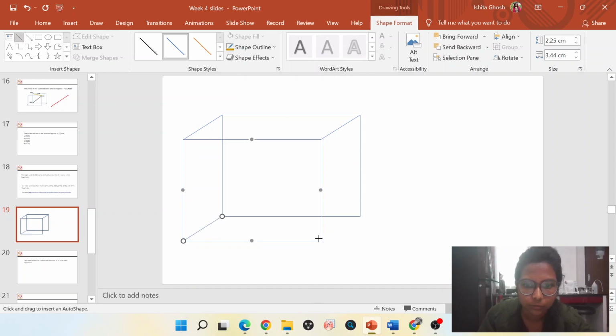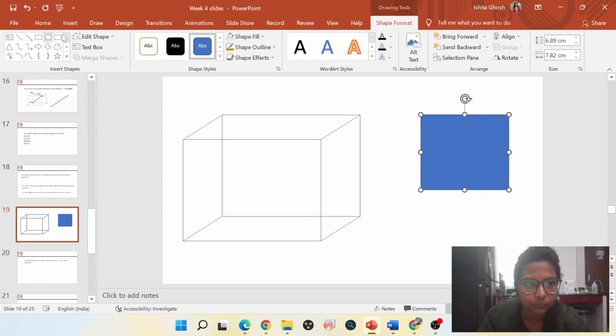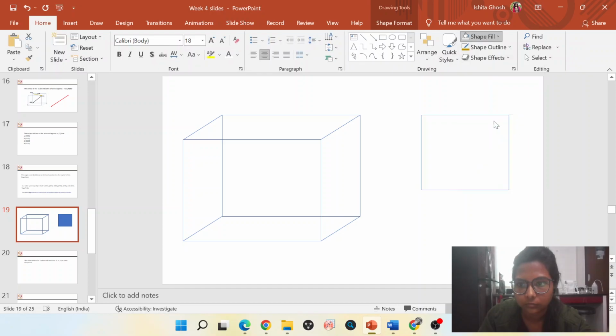Now let us suppose that this is a cube. Now if we draw another, drawing a small one, and we do not draw it as a cube.